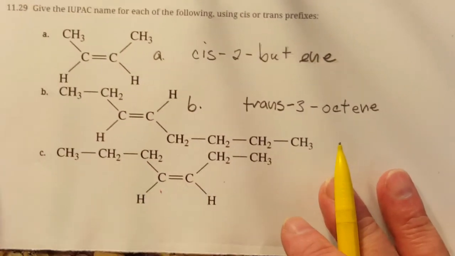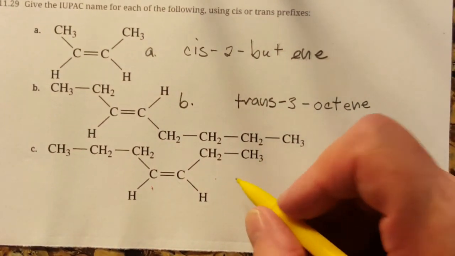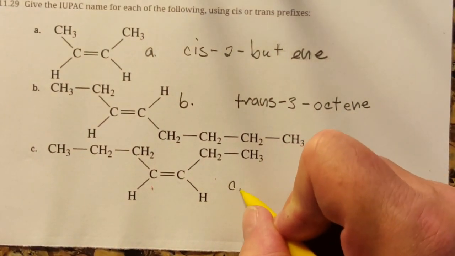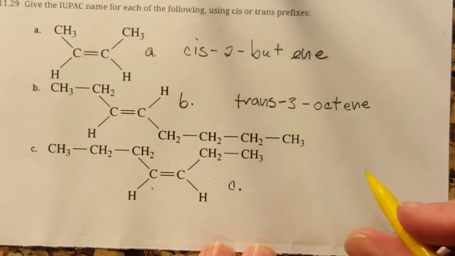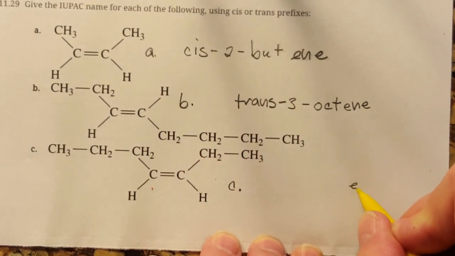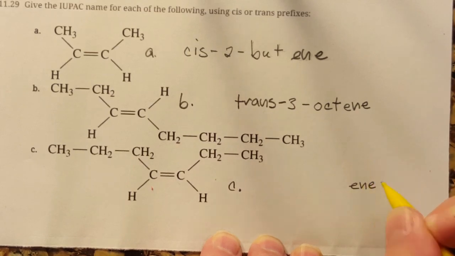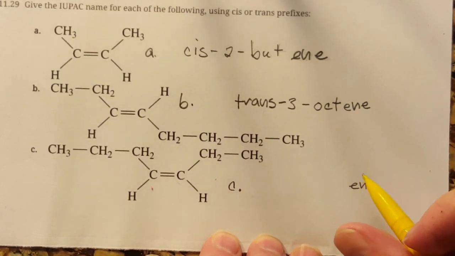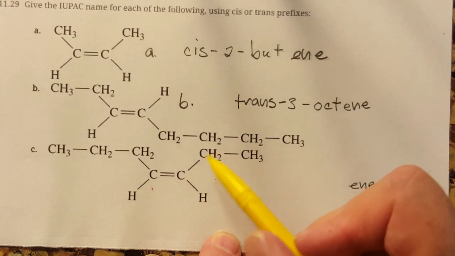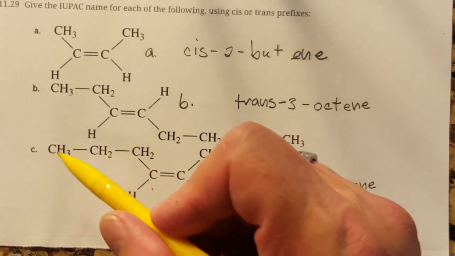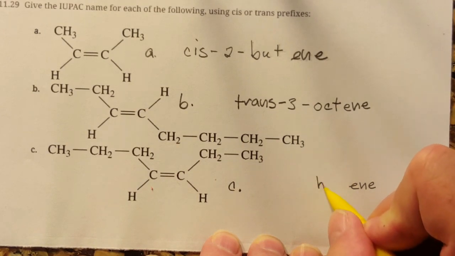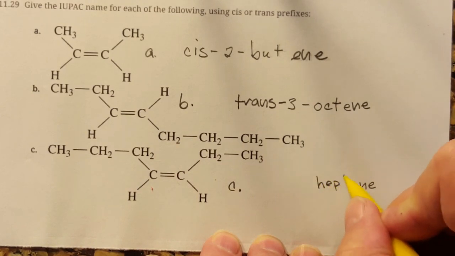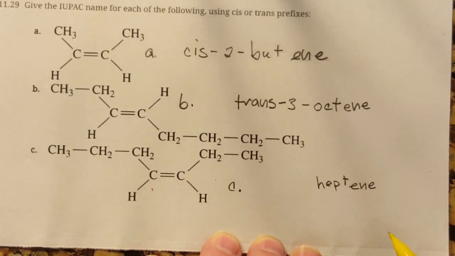Okay, so let's work on this one, C. It's got a double bond, so it's going to be named as an ene. Carbons 1, 2, 3, 4, 5, 6, 7. There are 7 carbons, so it's a heptene.